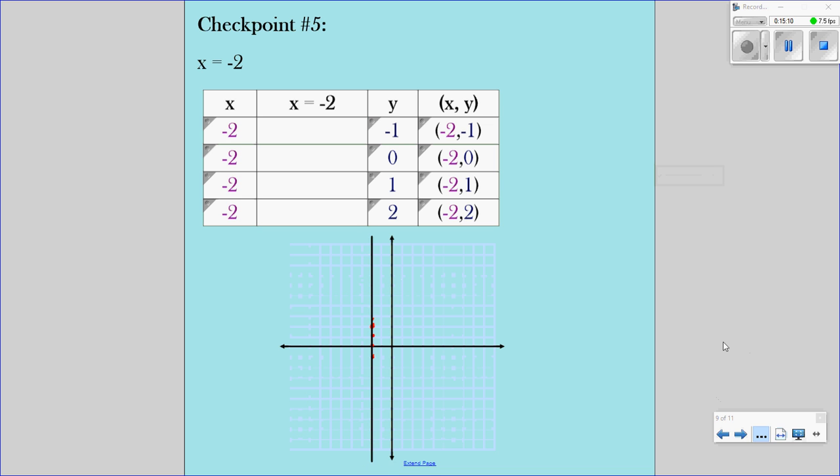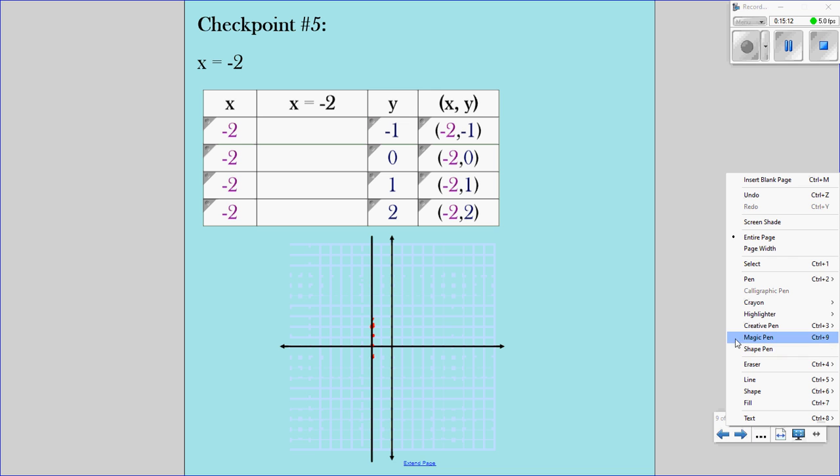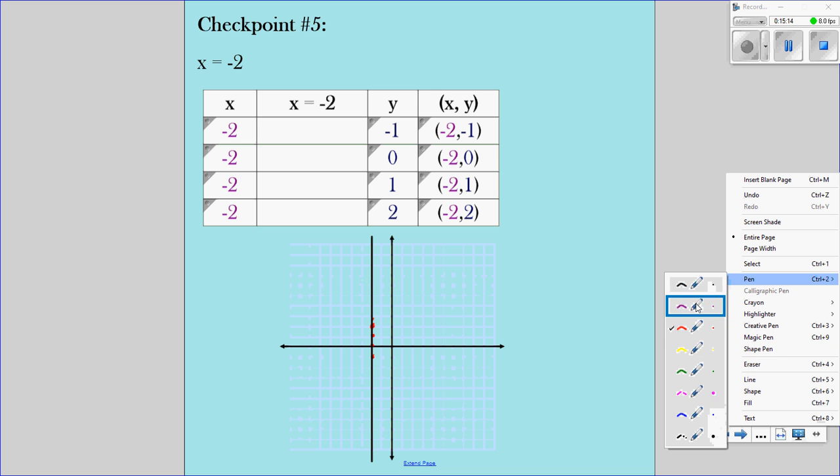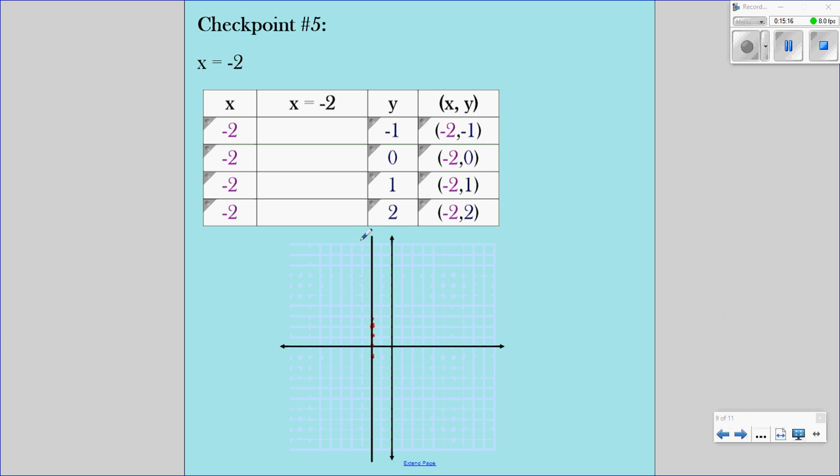Because I remember when we did the lesson, when we were talking about different types of lines, if you have x equals whatever, it's going to be a vertical line. Oops, that should have been black. And if you have y equals a number, it's going to be horizontal. So this is a vertical line, undefined slope. So anytime you have x equals whatever number, it's going to be a vertical line. Always remember that.